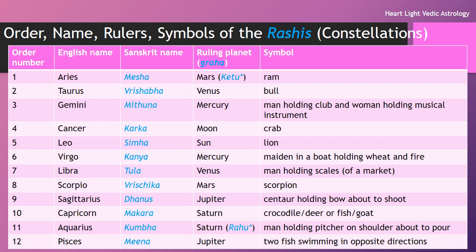Constellations are formations of certain stars that you can see in the sky. They're fixed. So that's why sometimes Vedic astrology is called fixed star astrology, because those stars aren't moving, or at least they're not moving fast enough to make much of a difference in Jyotish or Vedic astrology.